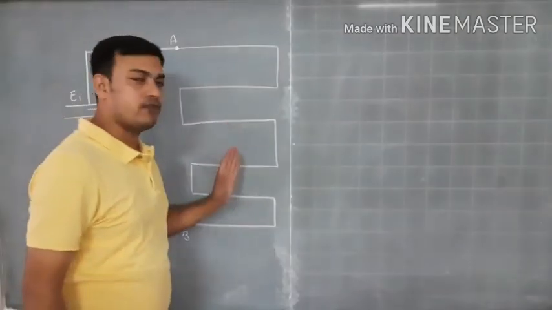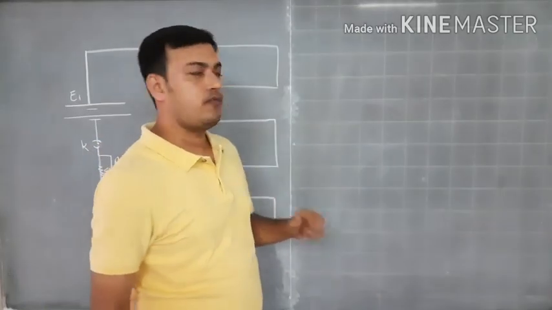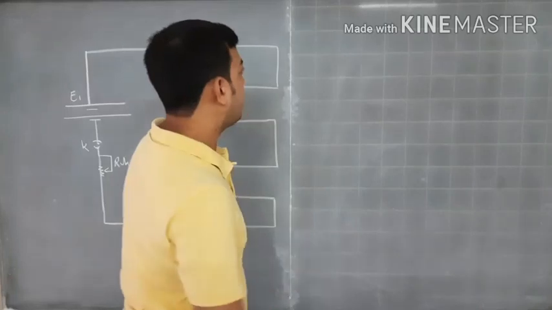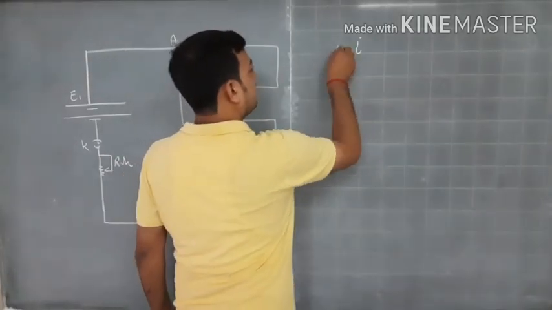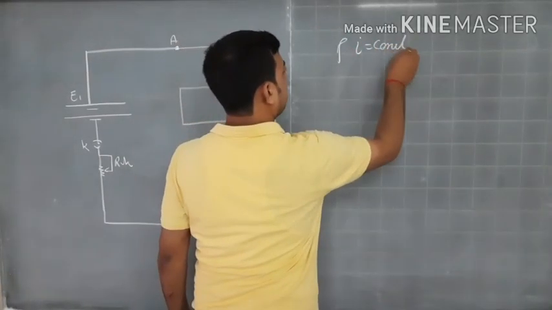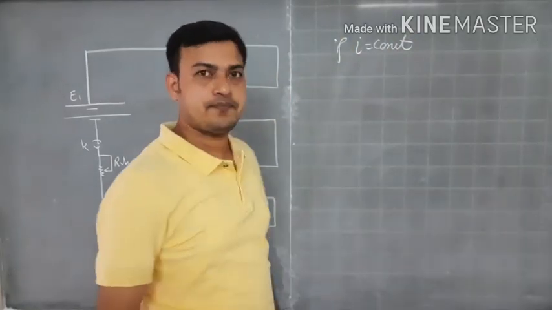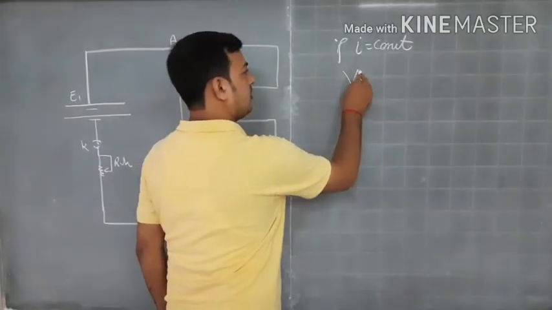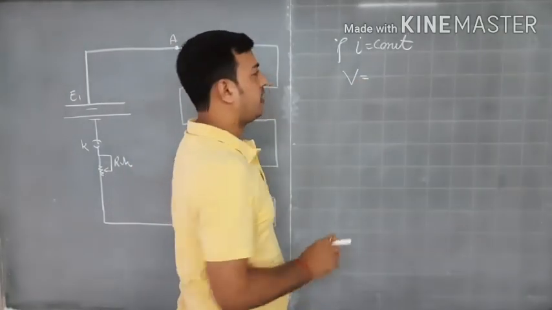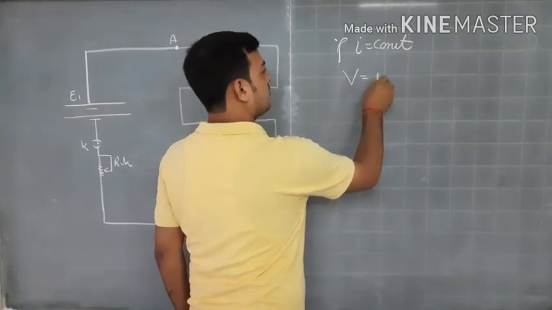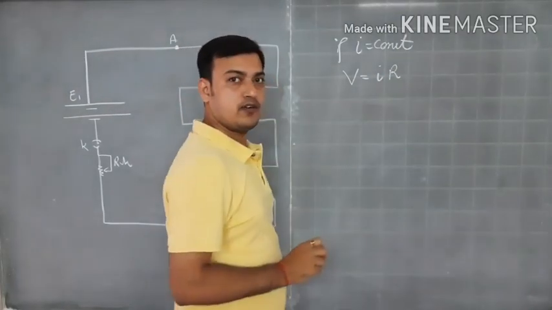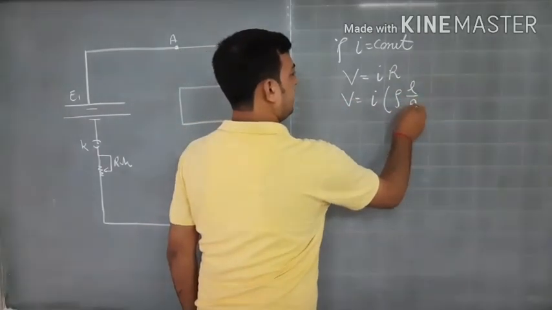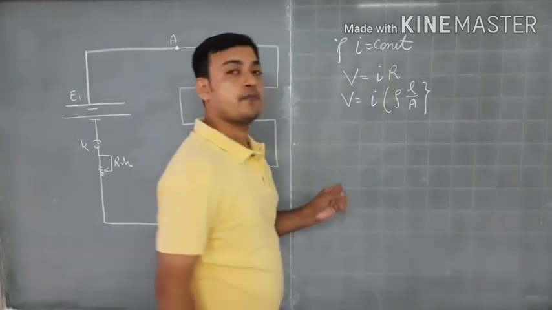Now before going through the working of potentiometer, first of all we will discuss the principle of potentiometer. The principle of potentiometer says that if current in the wire is constant, and we need the potential difference across any resistance R, then from Ohm's law we can write V is equal to IR, and R can be written as rho L by A, where L is the length of the wire.